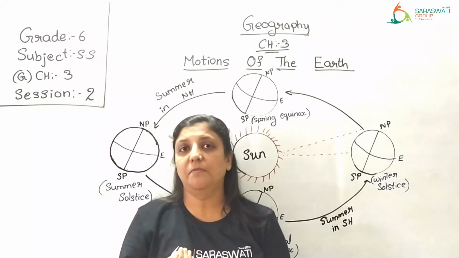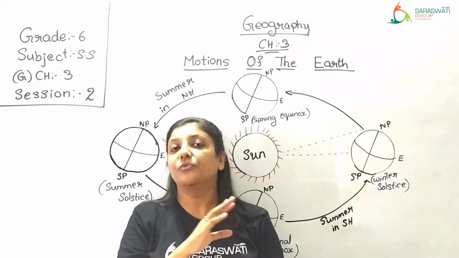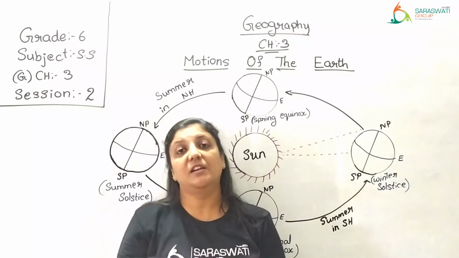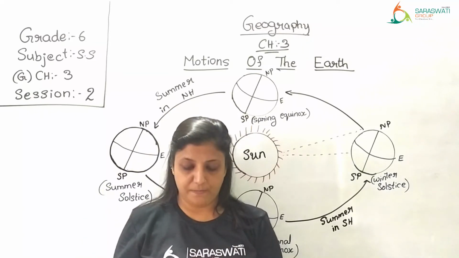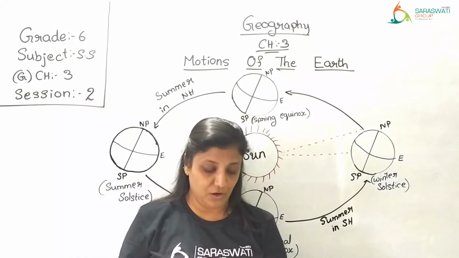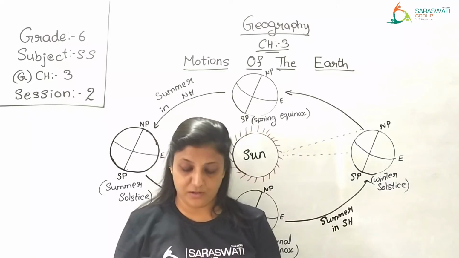And in the southern hemisphere, if you go beyond the Tropic of Capricorn, you will not see the sun exactly on your head at 12 o'clock noon. So this was all regarding the distribution of heat over the earth.